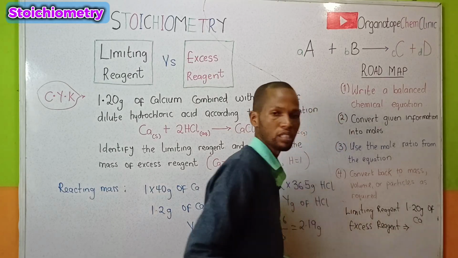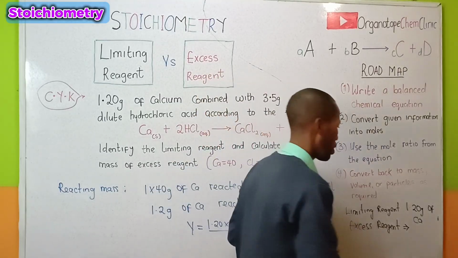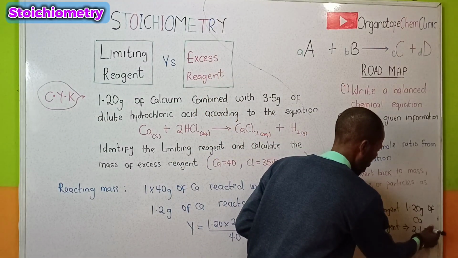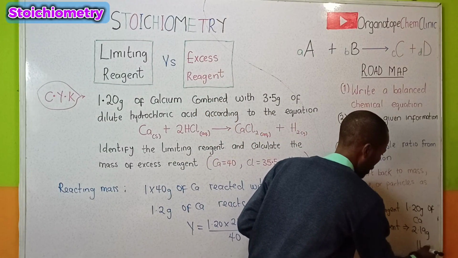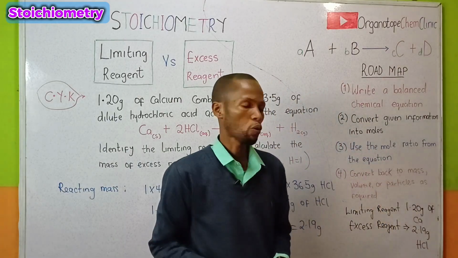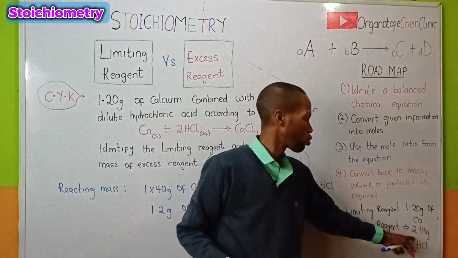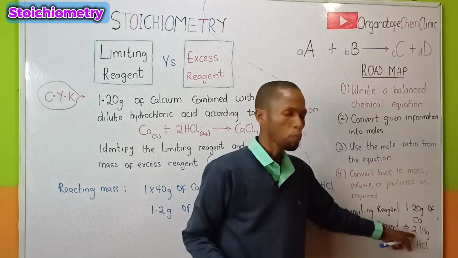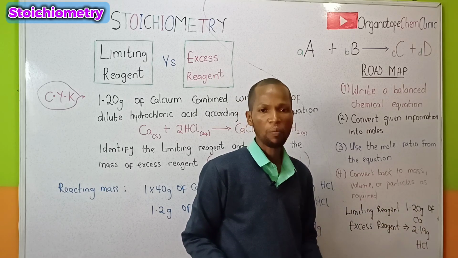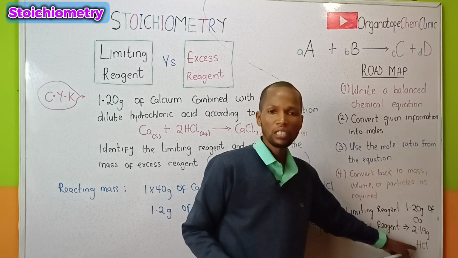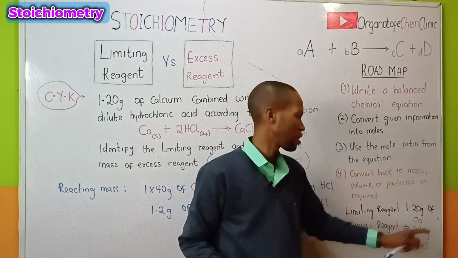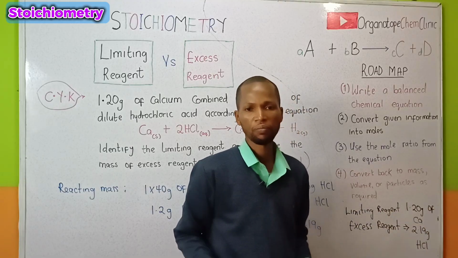while the excess reagent is the hydrochloric acid. We have 2.19 gram of hydrochloric acid. So when we compare 1.2 to 2.19 gram, the 2.19 is greater than the 1.2 gram. Therefore, the excess reagent is hydrochloric acid and the limiting reagent is calcium. Make sense?